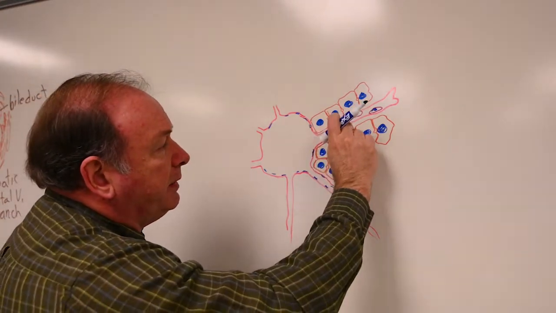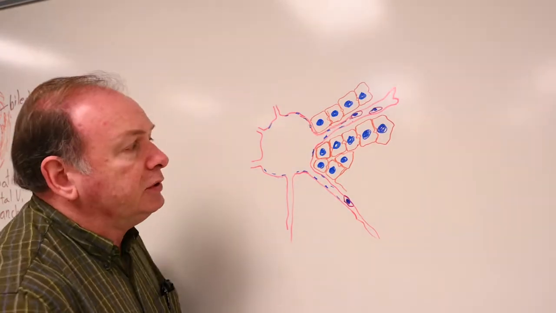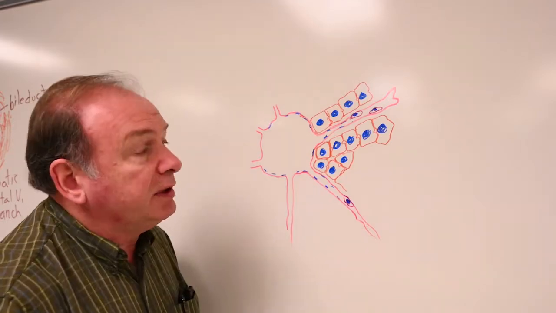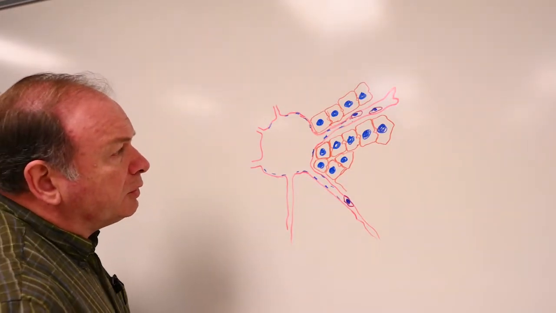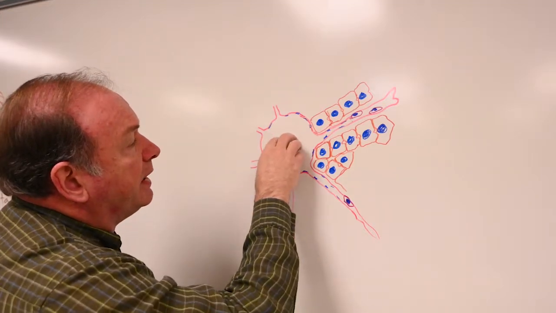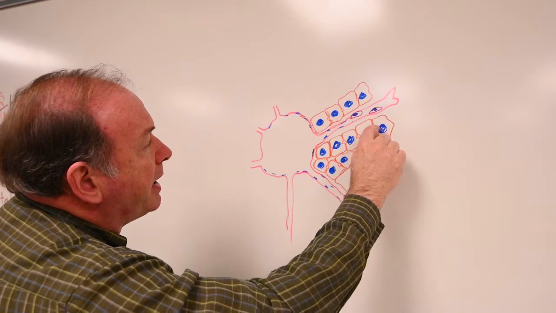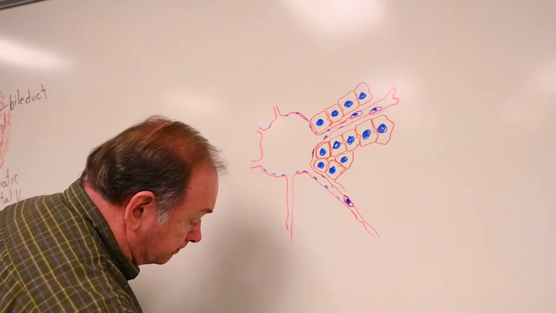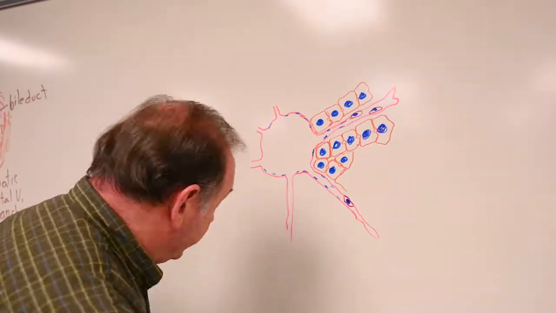So that little gap in there is the space of Disse. That's where most of the physiology occurs, where you have interplay between the blood fluid and the liver cells, which is where the liver does its work. So we'll be looking at those things: central vein, sinusoids, endothelial cells, Kupffer cells, hepatocytes, the space of Disse, and then we'll be looking at the bile flow in the other direction.